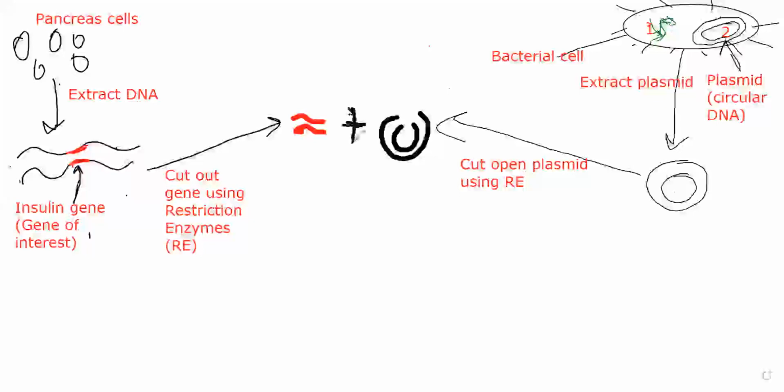I put them together. What am I going to have? I'm going to have here a plasmid there. And what am I going to have there also on top? The insulin gene. Do you see that?